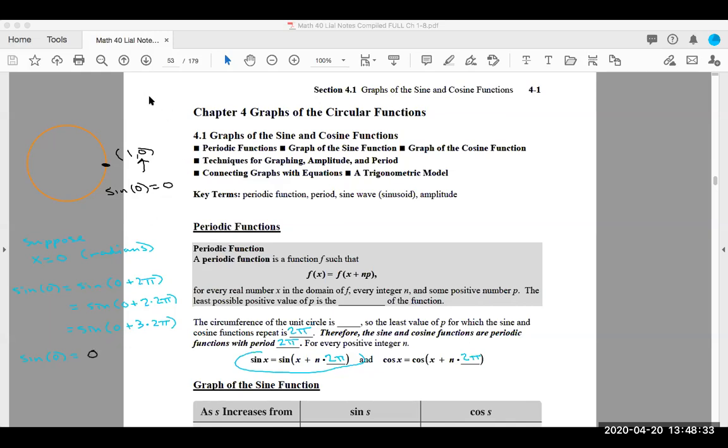Now let's look at the next one. If we're looking at sine of 2 pi, hopefully you're seeing that we would be going a full rotation around the circle, and then we would be at 2 pi radians. So we'd actually get the same sine value.